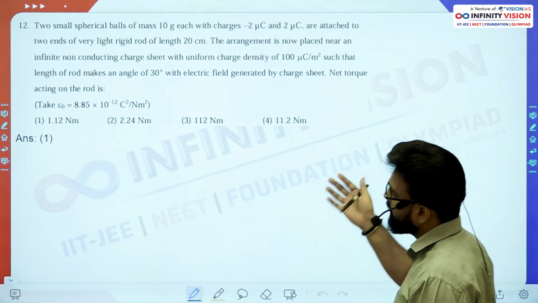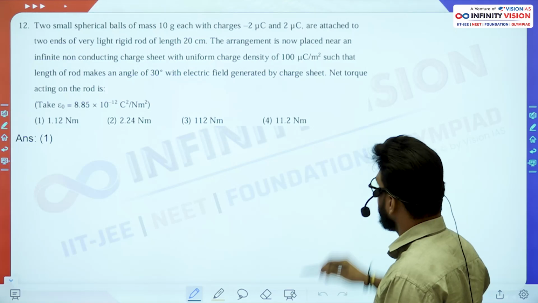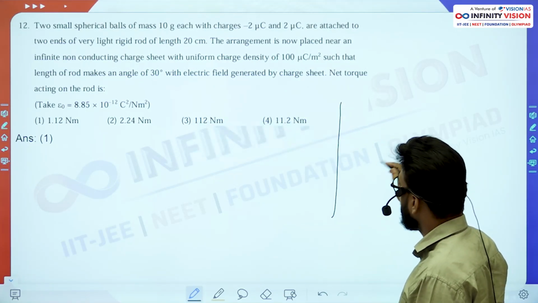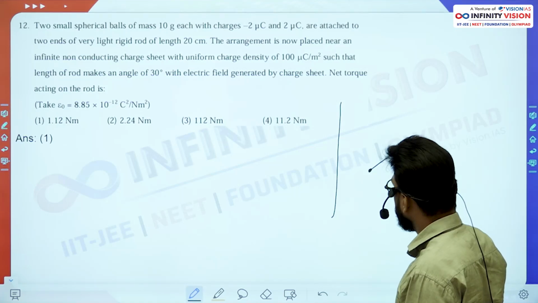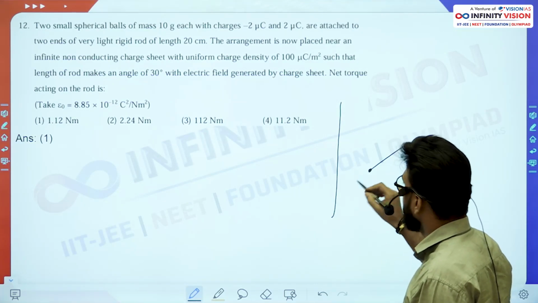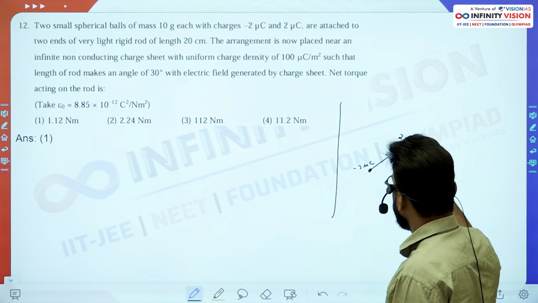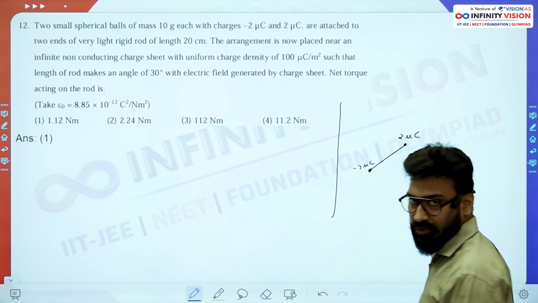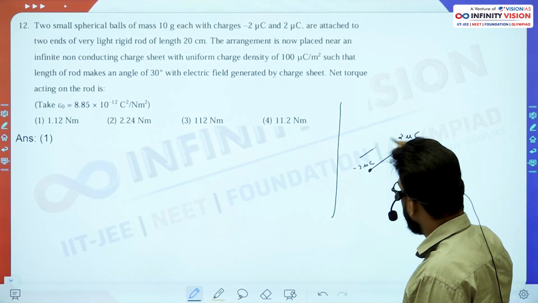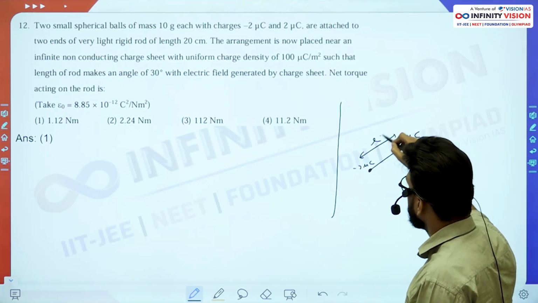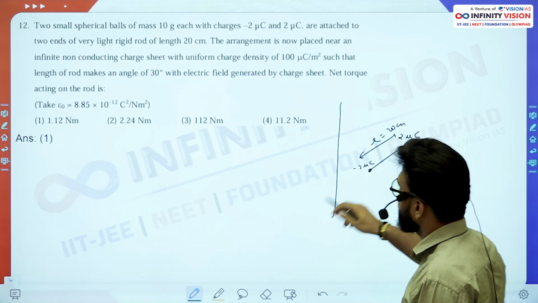sheet. Net torque acting on the rod is, देखो तो एक इनफाइनाइट शीट है और उस पर एक रॉड के चारों तरफ आपने टू एंड्स पे आपने क्या किया है, you have placed plus 2 microcoulomb and minus 2 microcoulomb charge, and this rod has a length of L which is nothing but 20 centimeter.